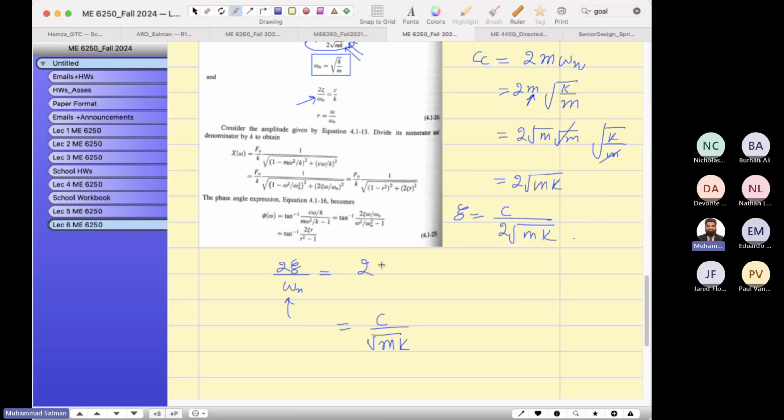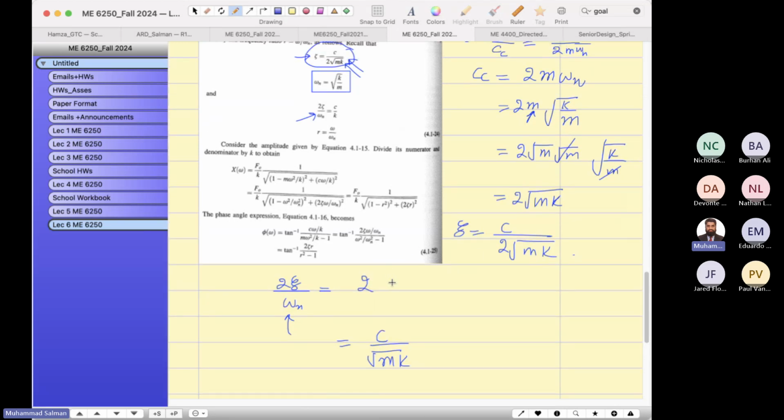So let's see, 2 zeta is c over 2 square root of mk. Agreed. Now divide by omega n, which is square root k over m. So this m is cancelled by this m, and you are left with c over k. Okay, so that's correct. Now I think there was a mistake before. So now you can see 2 zeta over omega n equals c over k.